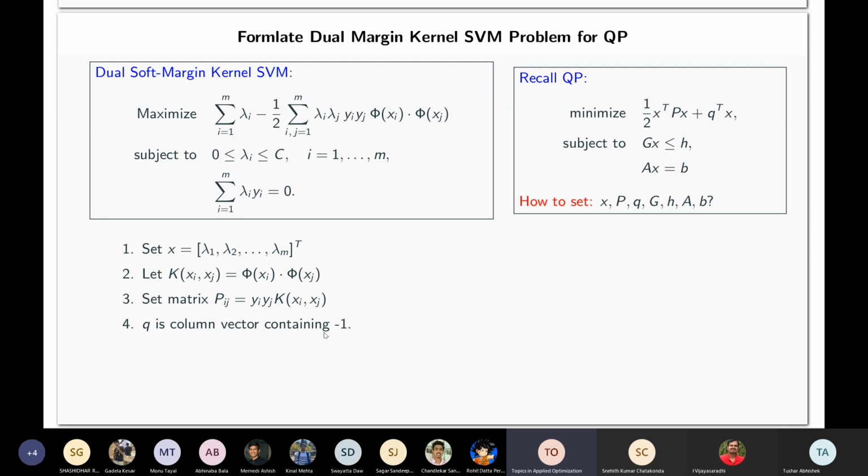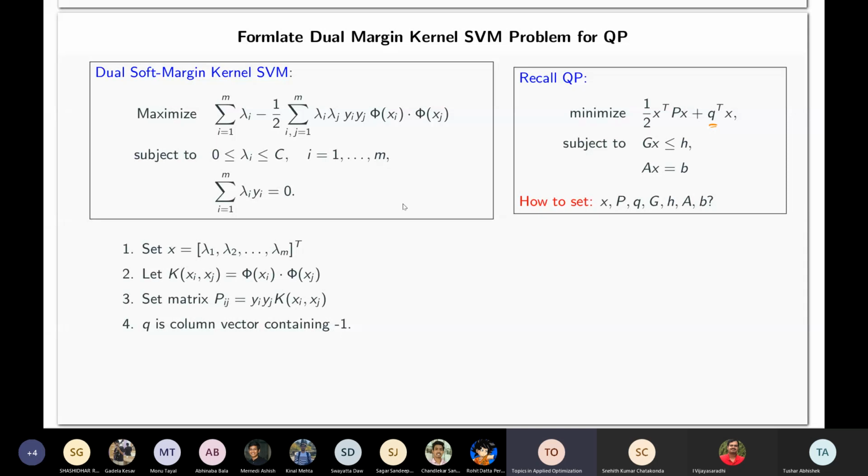Now Q is a column vector containing -1. Why is that? So Q times X, right? X in our case is lambda I. So Q could be just ones, right? So Q is ones, and then we are saying it's -1. Oh, OK.